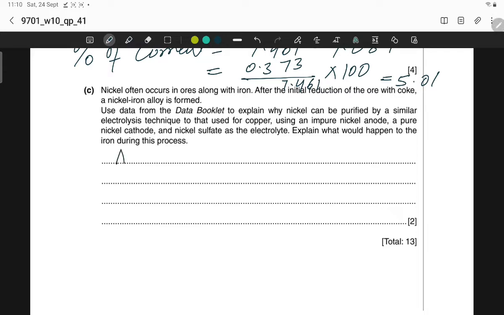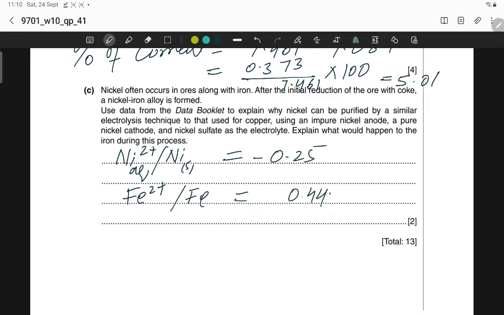So from the data booklet, Ni2+ aqueous to nickel solid is equal to -0.25, and Fe2+ to iron is equal to -0.44.